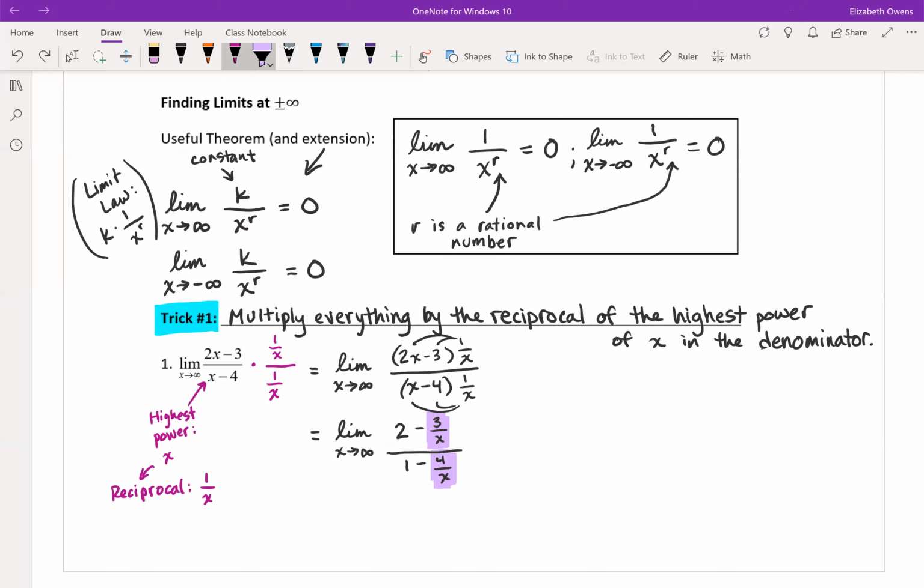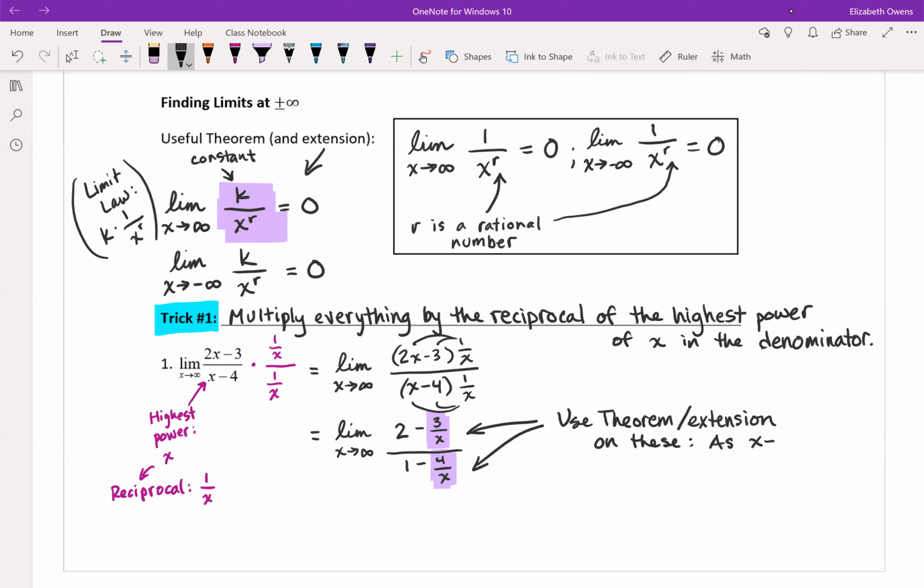Here I'll make a little note that we get to use our theorem extension on these parts.